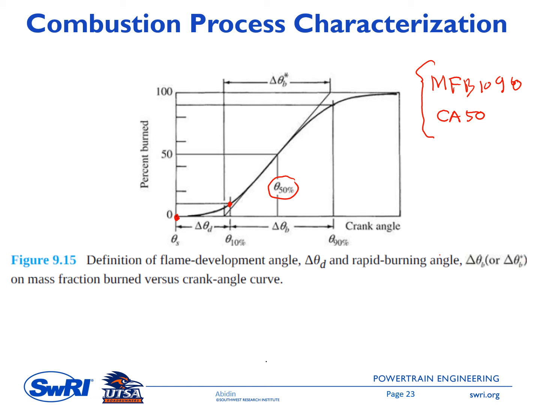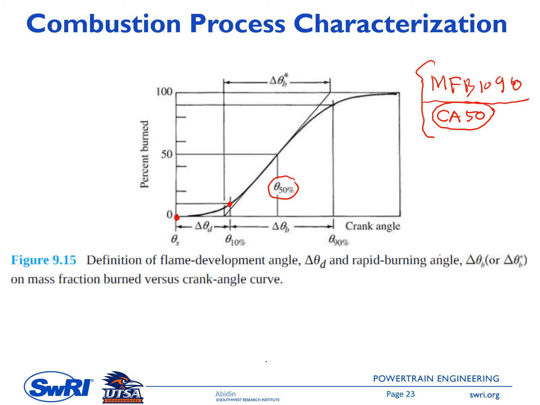So these two parameters are usually used to communicate with other people when we talk about combustion process performance. For sure, our goal is to have this MFB 10-90 as short as possible. It means we want a quick combustion process, and it is good from the thermodynamic perspective because it will increase the power of the engine. And then CA50 is used as the timing to have an optimum engine operating point.